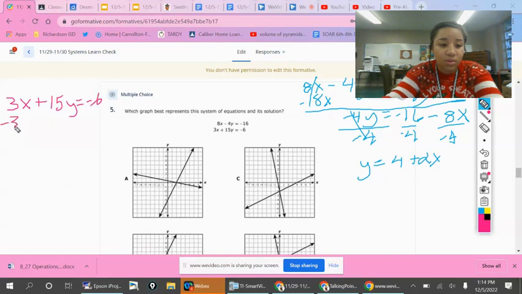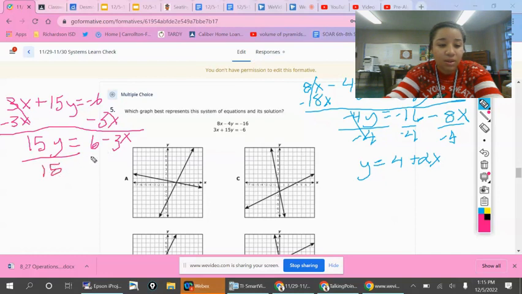I'm going to subtract 3X from both sides. So we'll have 15Y equals negative 6 minus 3X. Then we're going to divide each side by 15.